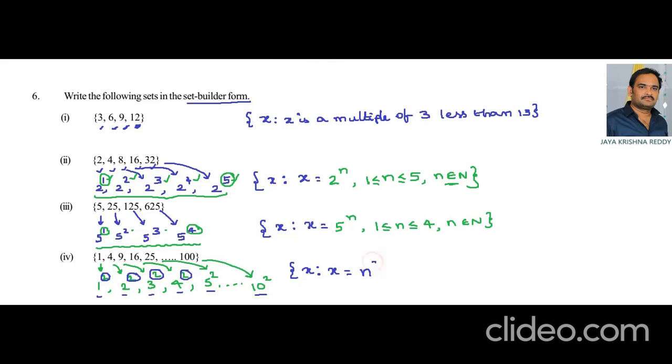So write the exponent as 2. That means the numbers are in the form of n square, and here we have to mention the variable n. N value starts from 1 and ends by 10. So we can write it as 1 less than or equal to n less than or equal to 10, and write one more condition, n belongs to natural numbers N.